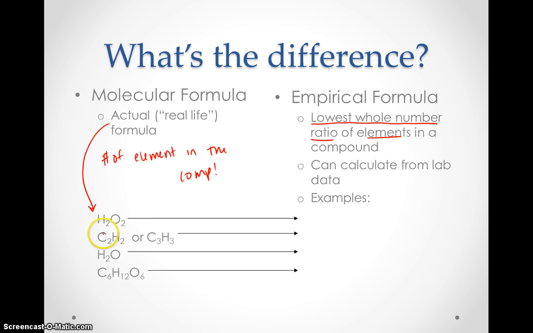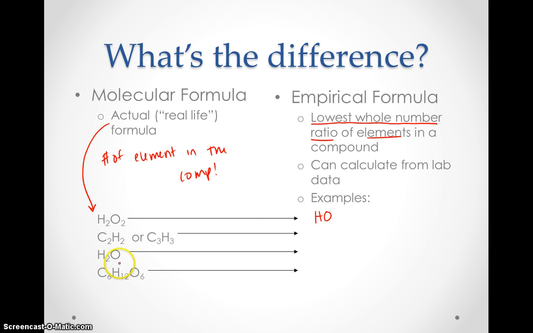Since both these numbers are divisible by 2, I can reduce it from H2O2 to HO. So the molecular formula tells us exactly how many elements we have present in the compound. The empirical formula just tells us the ratio of the elements. So this is actually what's super useful for a chemist. This is more what we use in experimental research.